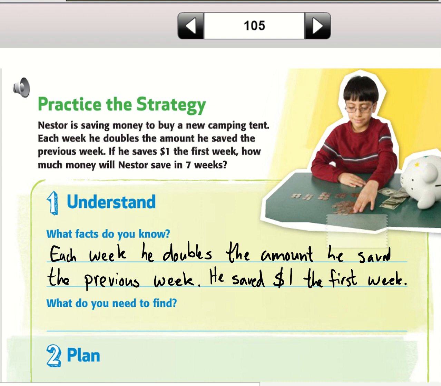What do you need to find? So this is asking, what's the question asking? How much money will Nestor save in 7 weeks?